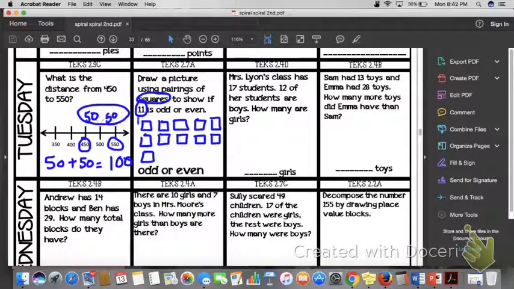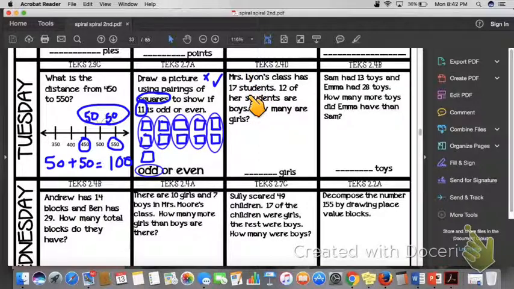So I'm going to pair them up. Here goes a pair, another pair, another pair, another pair, and another pair. I'm left over with 1, so that means that the number 11 is odd. If you got it correct, put a check mark. If you got it incorrect, put an X on your checklist. And if you got it incorrect, please erase what you have and do it again.